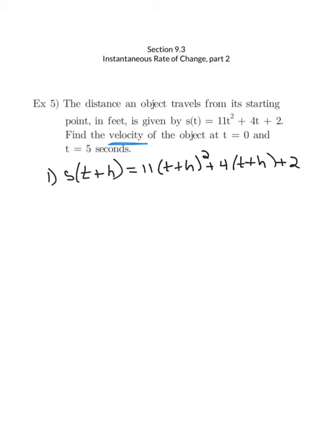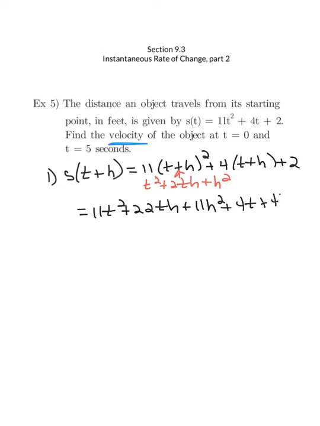Remember that t plus h quantity squared will be t squared plus 2th plus h squared. That's this part. And then we have to take it times 11. We are then going to have 11t squared plus 22th plus 11h squared plus 4t plus 4h plus 2.